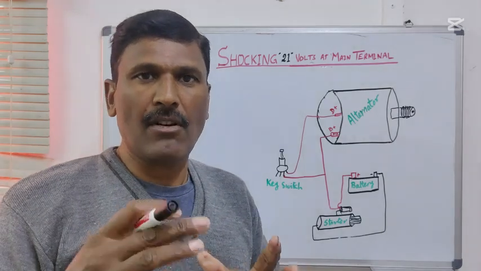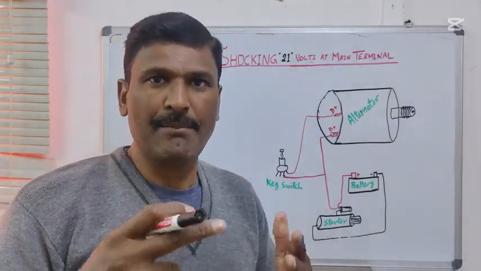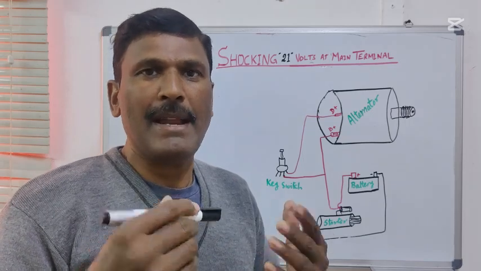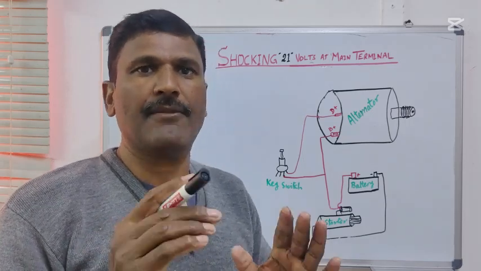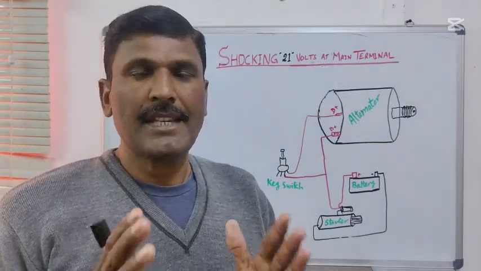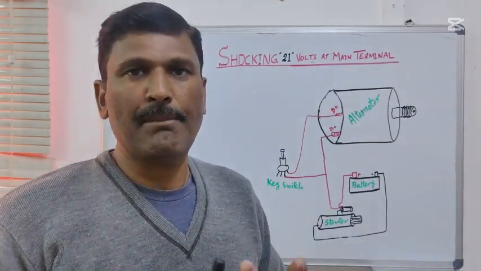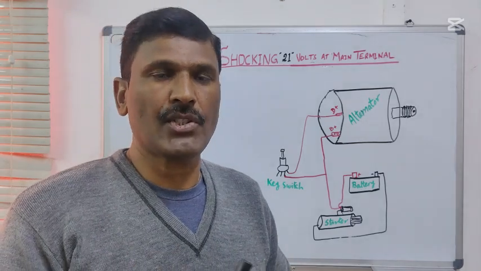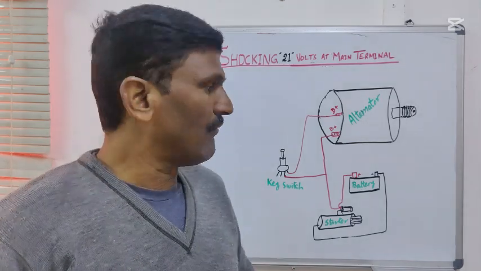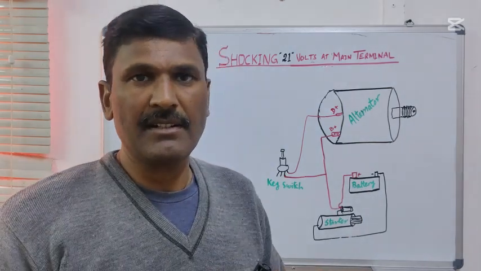Today I have got a shocking topic for you. What happens when a battery cable disconnects from the alternator while the engine is running? Yesterday I found an issue with a battery which wasn't charging. I measured the voltage at the battery terminal.